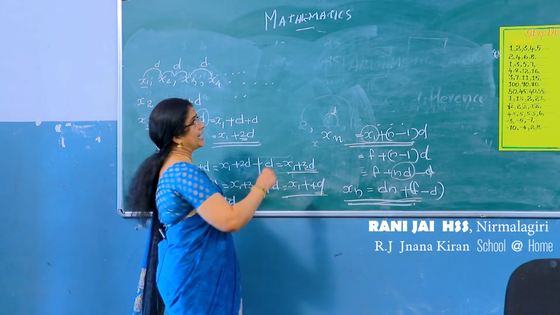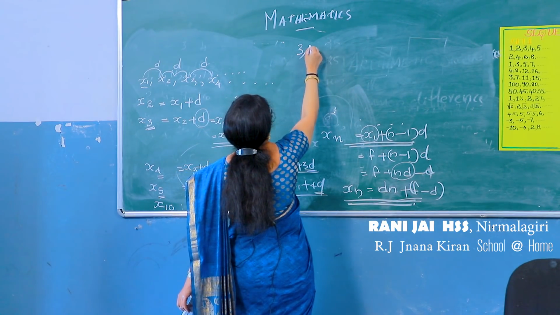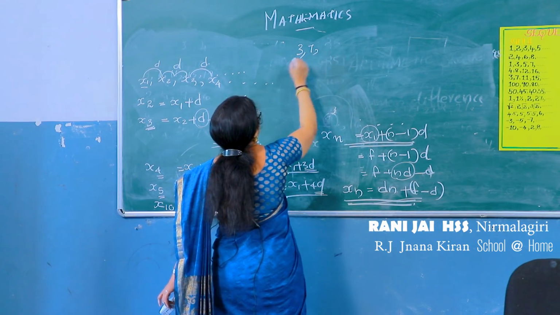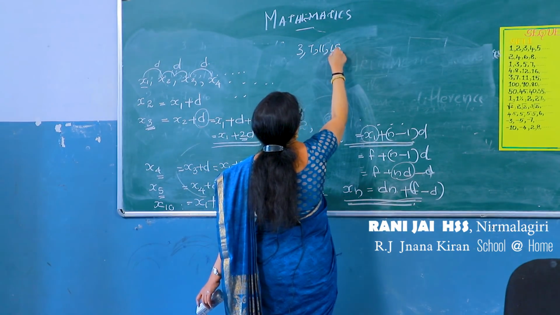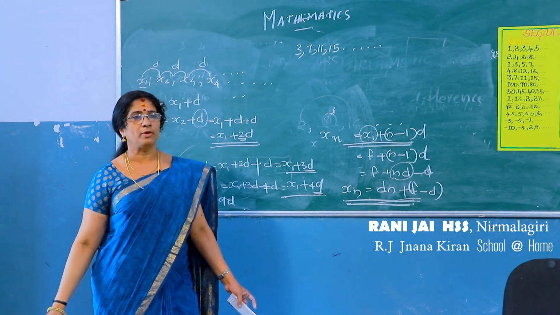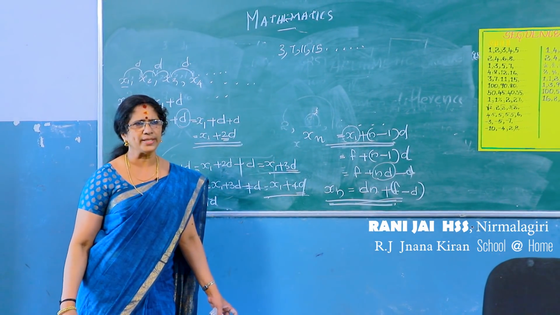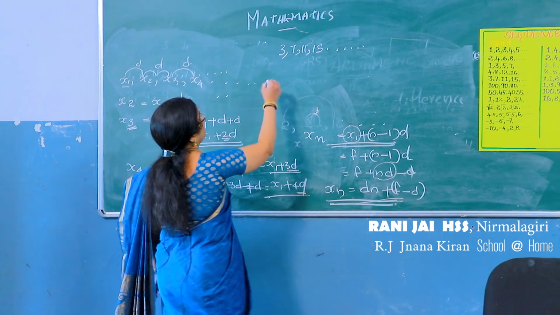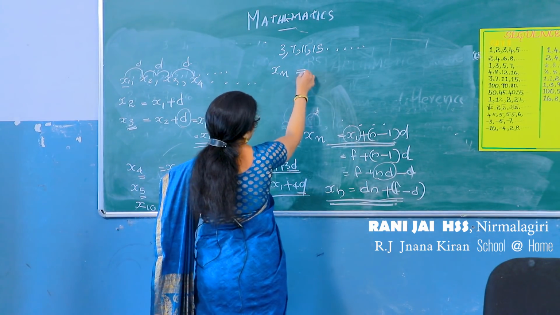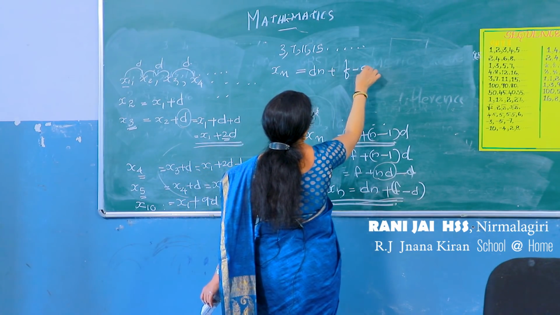Now let us consider an arithmetic sequence: 3, 7, 11, 15, etc. What is the algebraic form of this arithmetic sequence, or what is the nth term of this arithmetic sequence? We know the formula, so we start with xn is equal to dn plus f minus d.